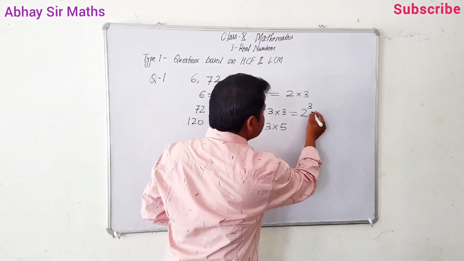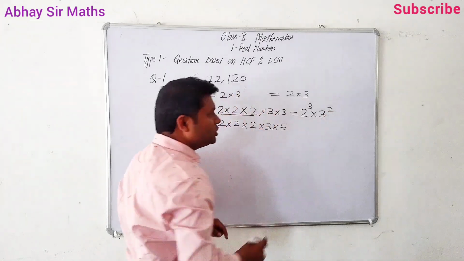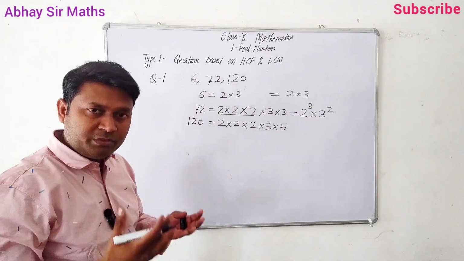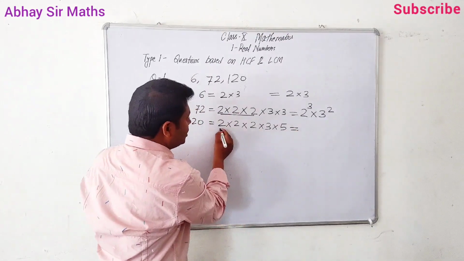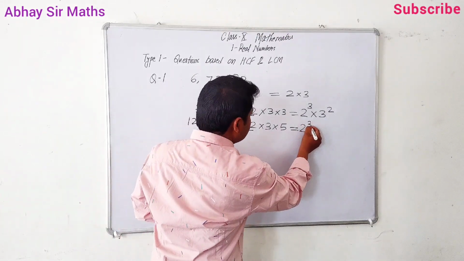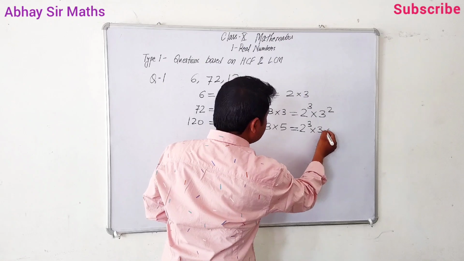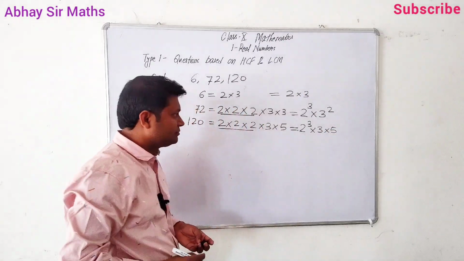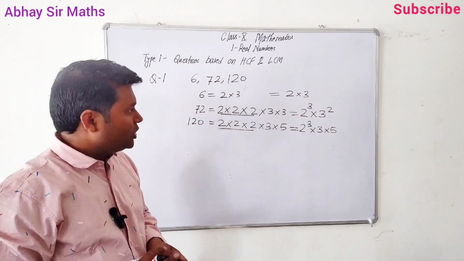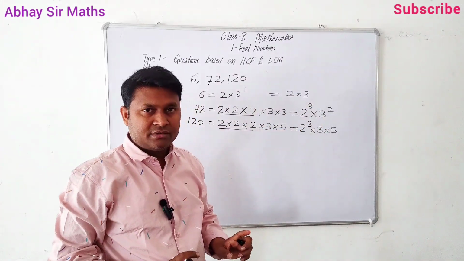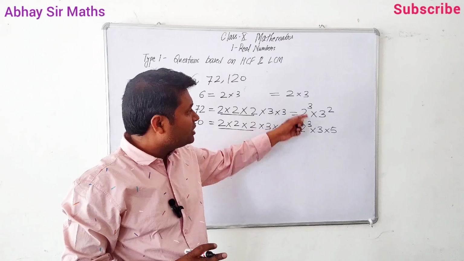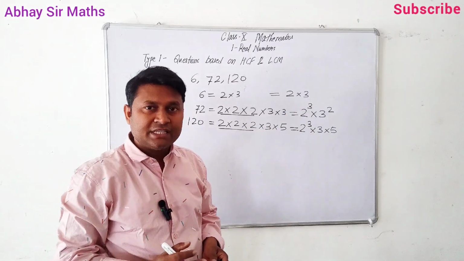Now here 3 is 2 times, so 3 to the power 2, or we may say 3 square. Now the last one, 2 to the power 3 into 3 into 5. Okay, it's always better to write in this way. Why? Because then it becomes easy to find HCF and LCM.